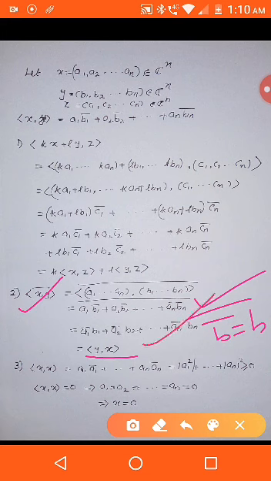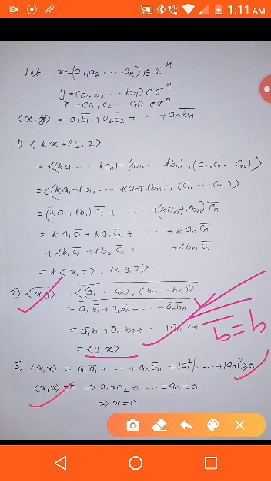Third one, inner product of x, x is equal to a1 a1 conjugate plus etc., an an conjugate. We know that z z bar is modulus of z square. So here a1 a1 conjugate means modulus of a1 square plus etc. That is a sum of positive terms, since each term is a square. So a sum of positive terms means the inner product of x, x is greater than or equal to 0.